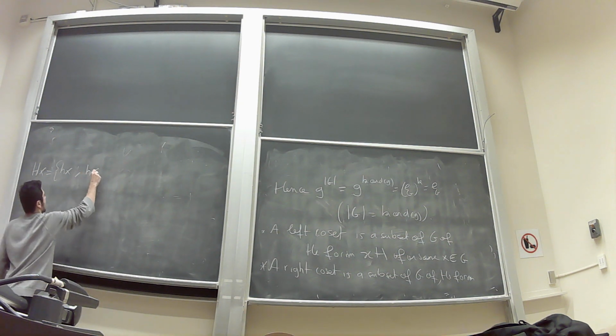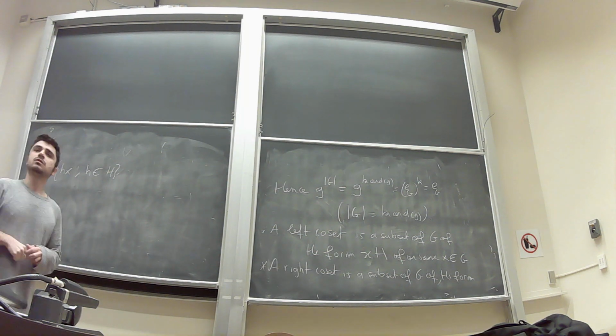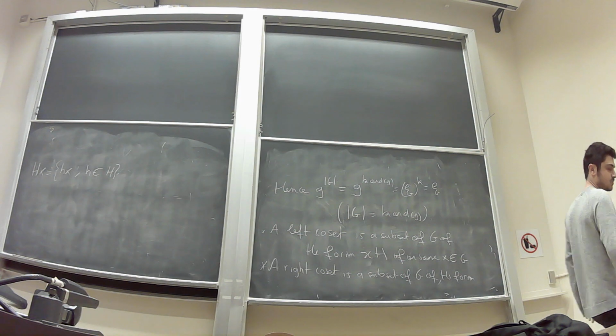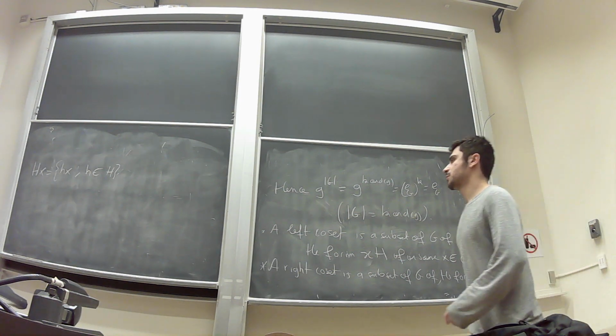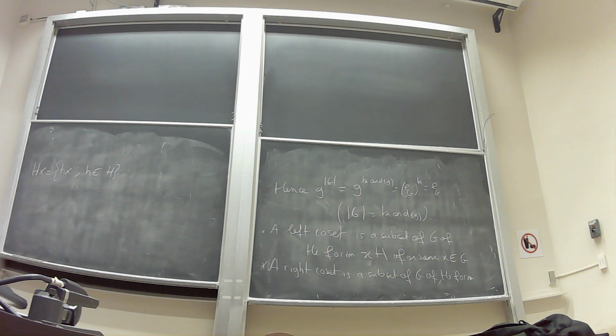Now we will do the same thing for right and left cosets. And I will not prove everything, of course, because the proofs are similar.